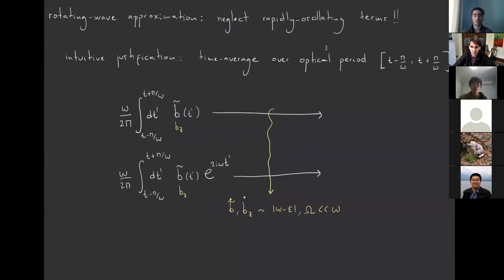And then we can say that B tilde and B tilde star behave essentially as constant over an optical cycle.